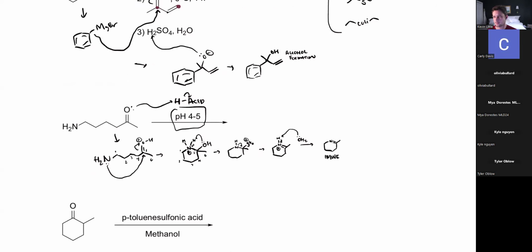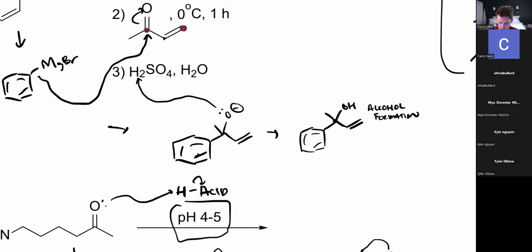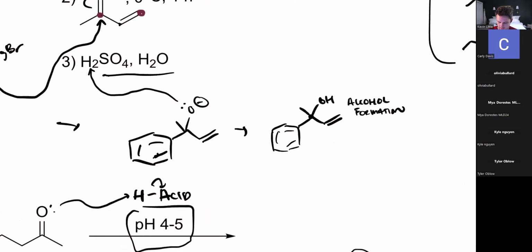Would the double bond under the third step form a secondary alcohol? You're asking if I would do an addition reaction after this point? Like take this and add it to the acid and then add the alcohol?